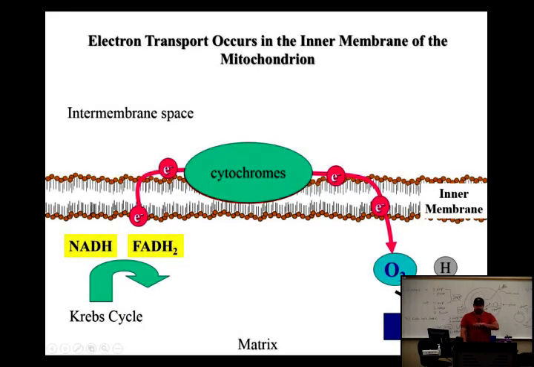Why oxygen? Why do you think oxygen is at the end of this chain? So if you're going to get an electron on you, what do you have to be? Yeah, so what's the most electronegative element besides fluorine?